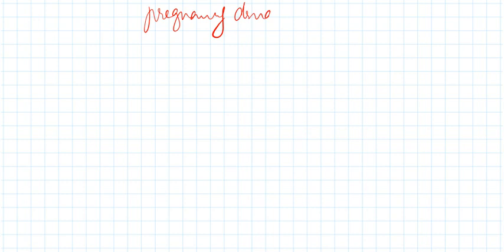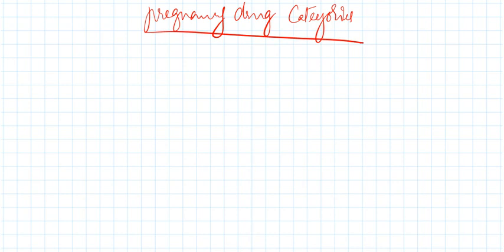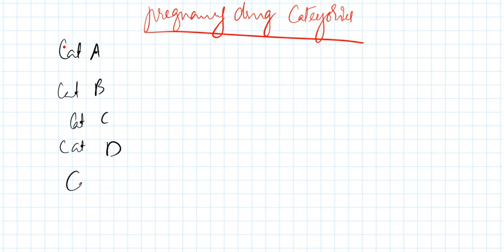So in pregnancy, if you want to use any drug, the category of the drug regarding the usage in pregnancy is considered. Remember, there are actually five categories: category A, category B, category C, category D, and category X. Now what is category A?